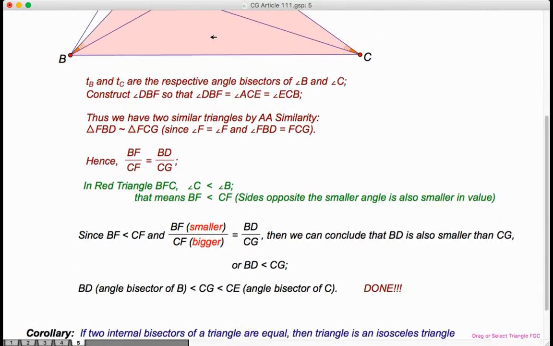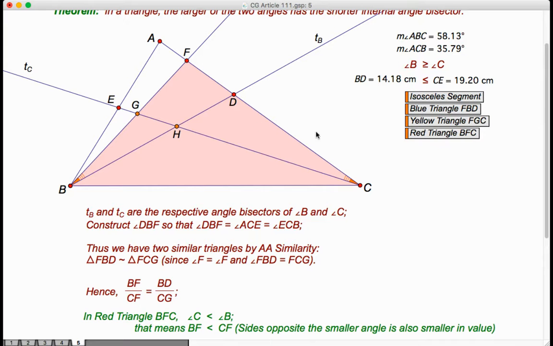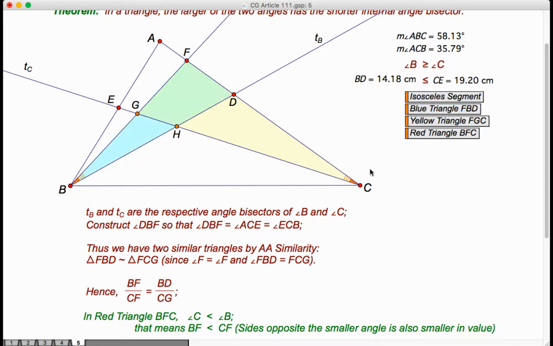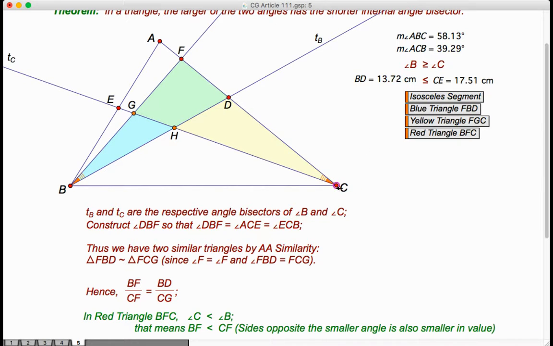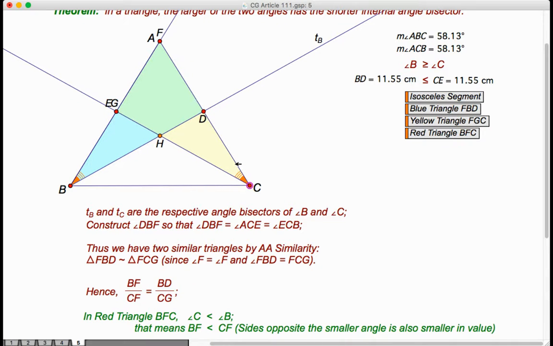Now, an immediate consequence is so obvious, and I've been saying this already. Let me drag this once more, and show the yellow and the blue. I drag C one more time until F, and now we know what F is. F coincides with A and G coincides with E. That will only happen when you have angle bisectors from base angles that are congruent to each other.